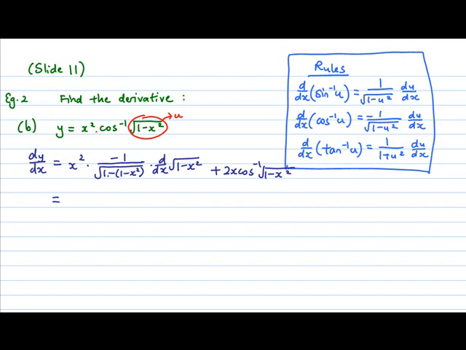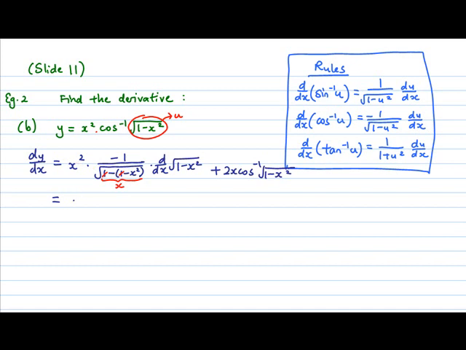Now, to simplify this, let's do this slowly. 1 and 1 will cancel. Negative and negative will become positive, and you have the square root of x squared. So square root of x squared is simply x. So this part will simplify to an x, and this will cancel with an x.